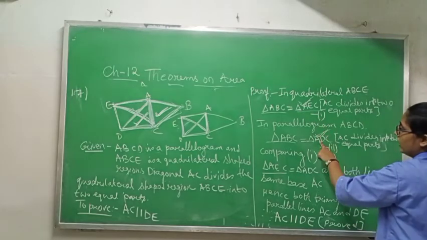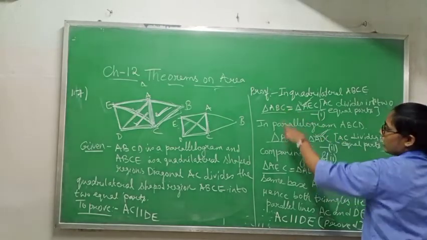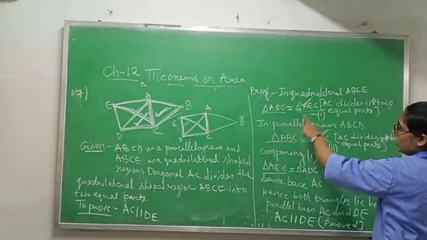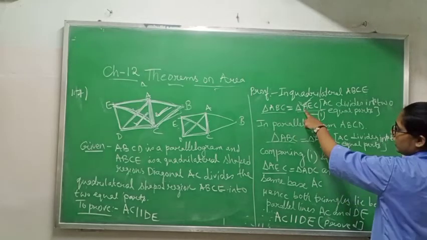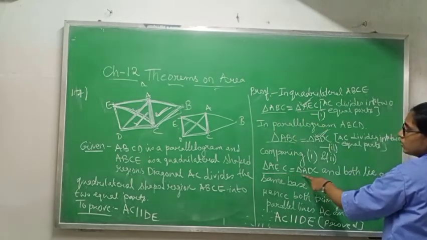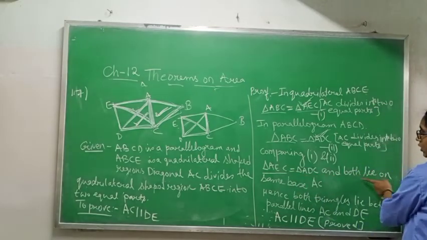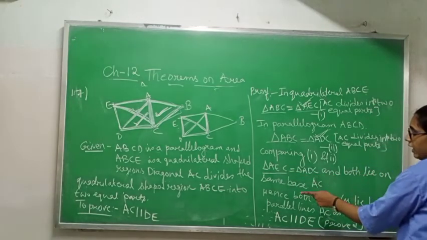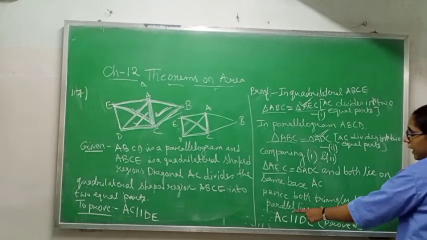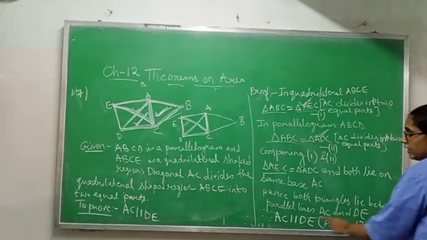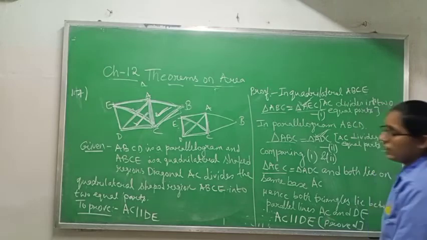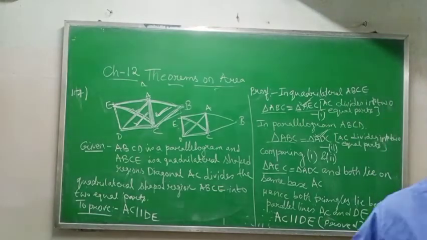Now when you compare 1 and 2, you get that the LHS are equal in both, so you can say the RHS is also equal. Therefore triangle AEC is equal to triangle ADC. And if both are equal and lie on the same base AC, hence both triangles lie between parallel lines AC and DE. Therefore AC is parallel to DE. Okay, complete this one.